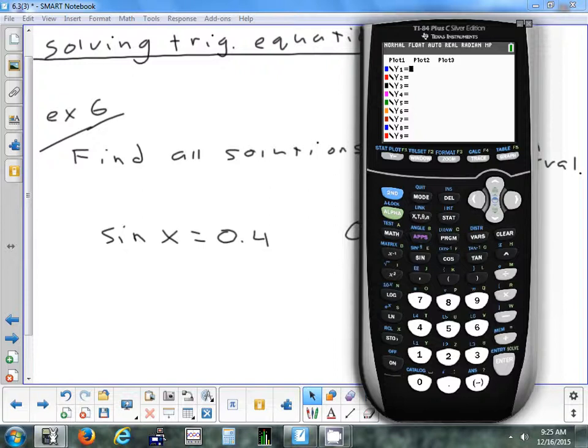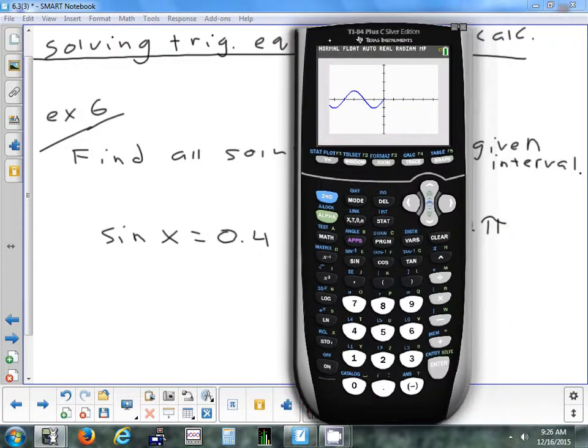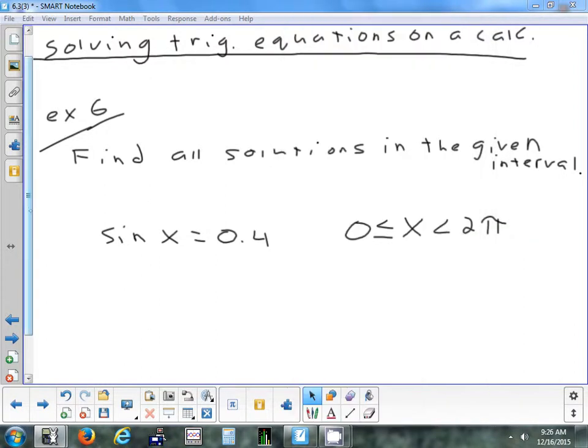Where would I type in sine of x, and where would I type in 0.4? Sine of x would be on y1. Okay, we can put sine of x on y1, 0.4 on y2, and just do zoom 7. Okay, before I show you the picture, how many solutions do you think this would have? Pretend like you were looking at the entire picture.